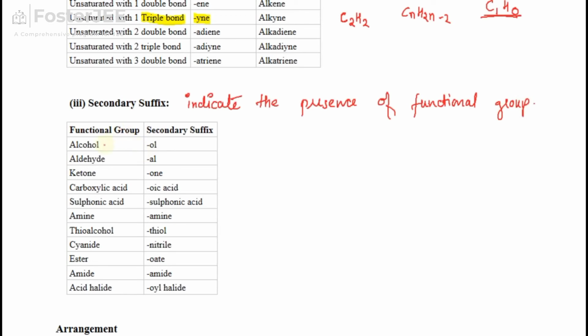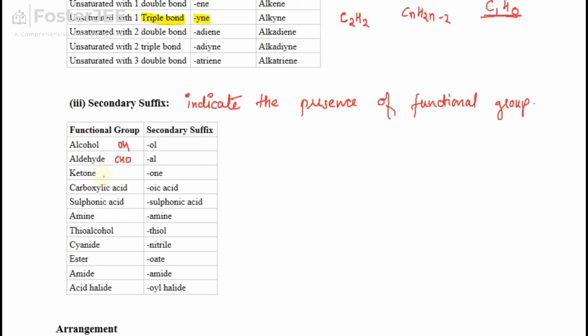So if the functional group is alcohol, that is the OH group, then the suffix is ol, like methanol, ethanol. If the functional group is the CHO group, that is aldehyde, then the suffix used is al, like methanal, propanal, butanal.